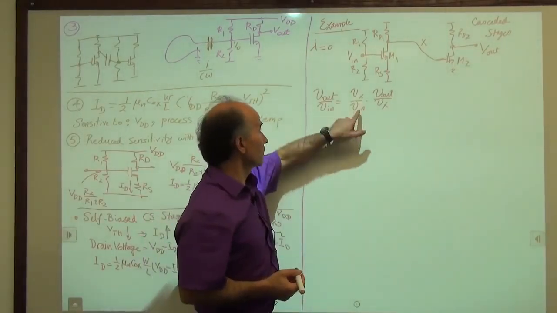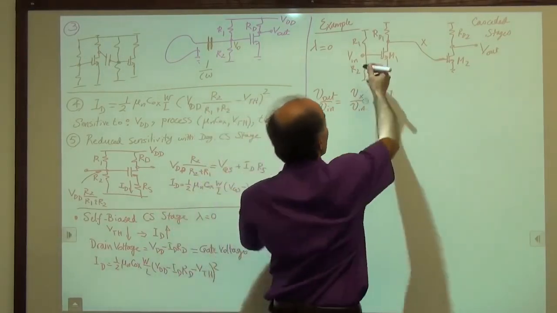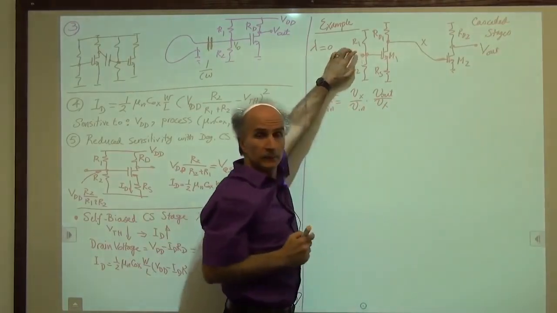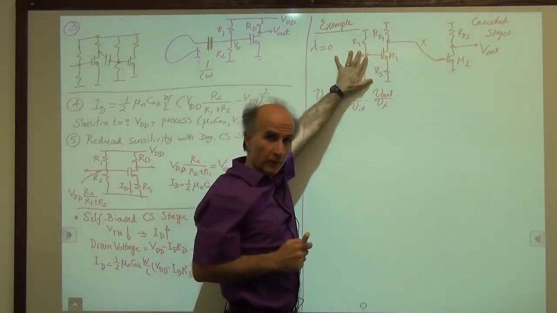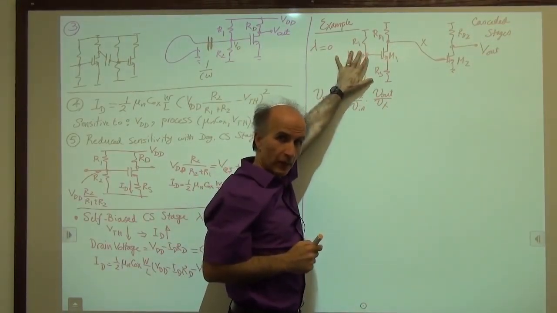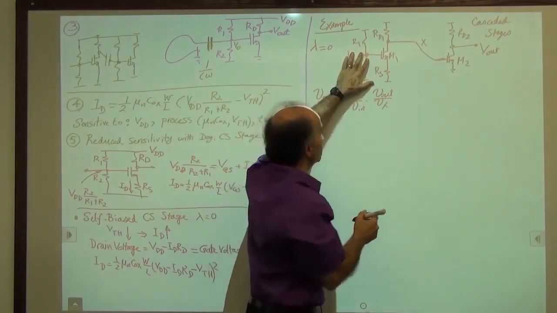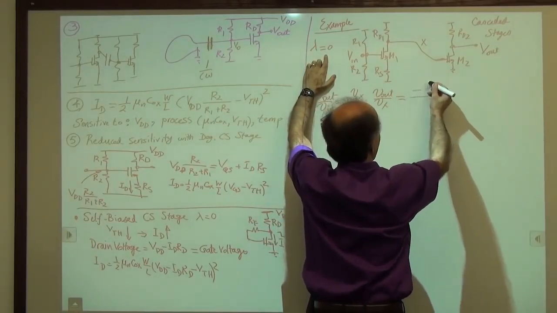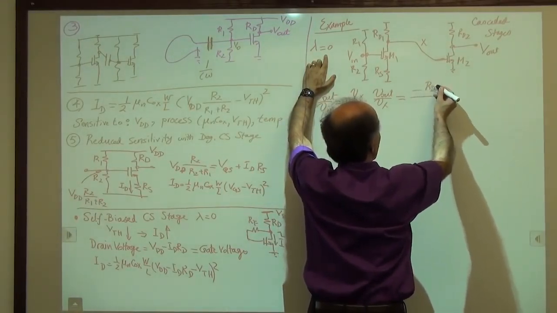So how much is Vx over Vin? That's the voltage gain from here to here. Well, we know that for a common source stage with degeneration, right? We derived this last time, if lambda is 0. So that is the gain of a common source stage with degeneration.